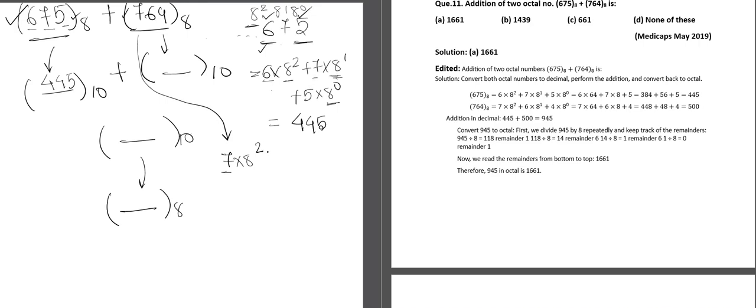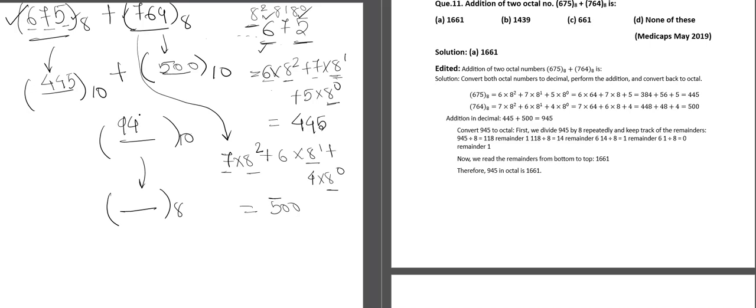So we get 7 into 8 to the power 2 plus 6 into 8 to the power 1 plus 4 into 8 to the power 0. 8 to the power 2 is 64, 8 to the power 1 is 8, and 8 to the power 0 is 1. If we perform the addition, we get 500. So here we are getting 500.